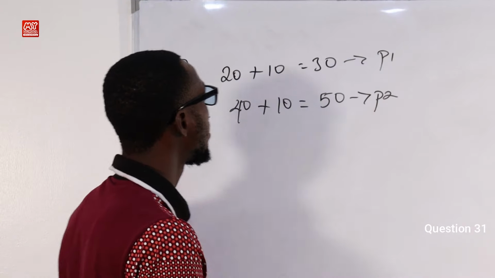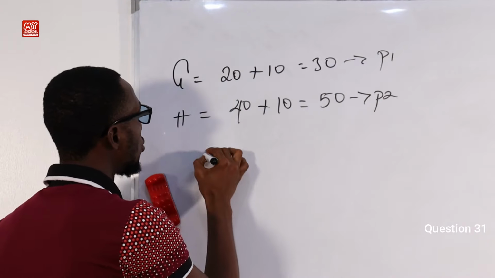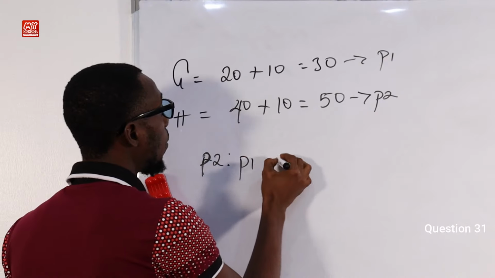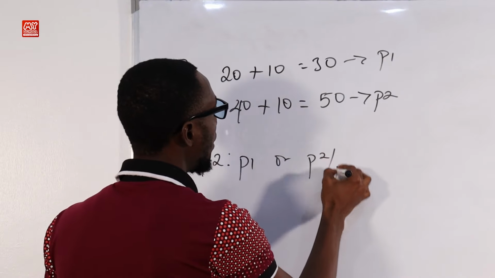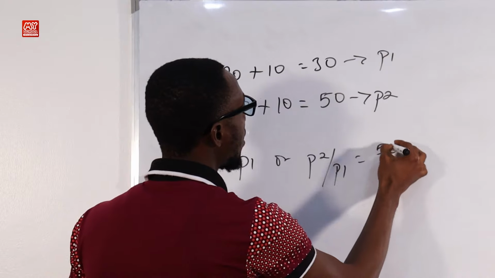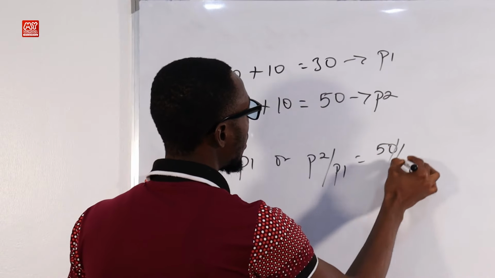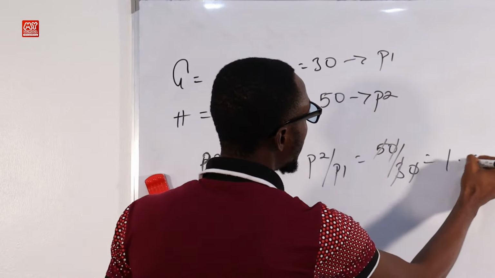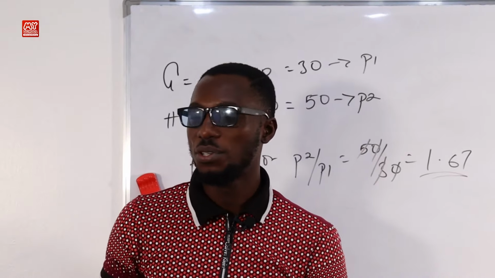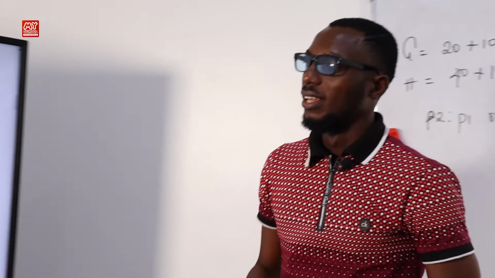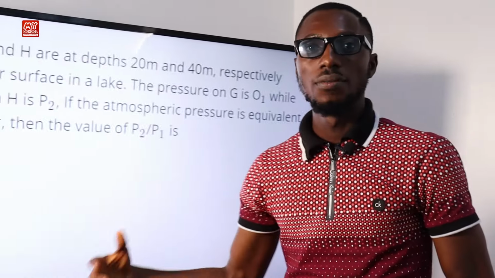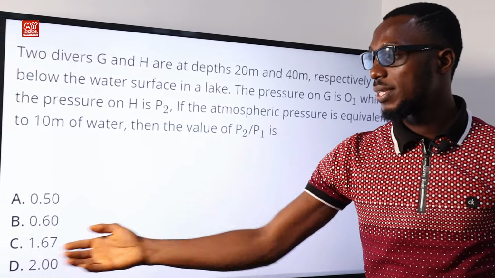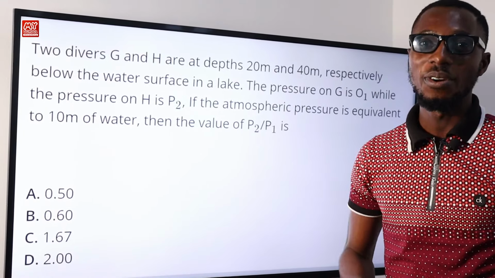So we are finding P2 over P1, that will be 50 over 30, which should be 1.67 thereabouts. Let's go back to the screen and select the correct option. If we look through all of the options provided, we'll see option C, 1.67, as the correct option.